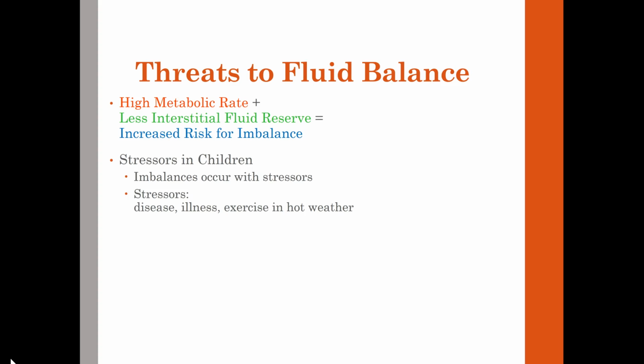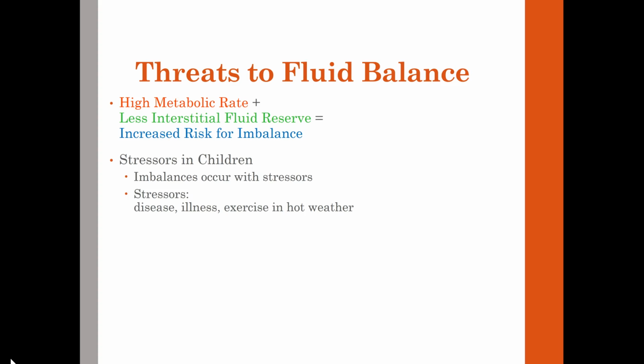So threats to fluid balance: children have a high metabolic rate, especially if they're sick. And then they have less interstitial fluid reserve, which means that they're at an increased risk for an imbalance.